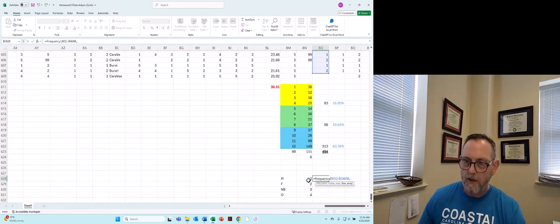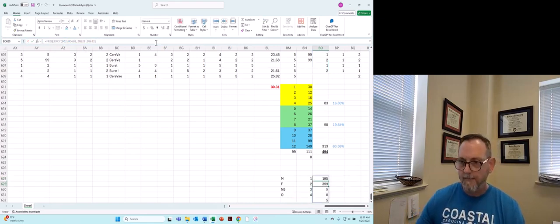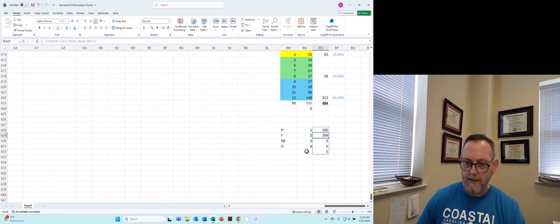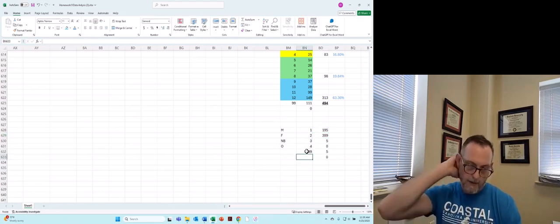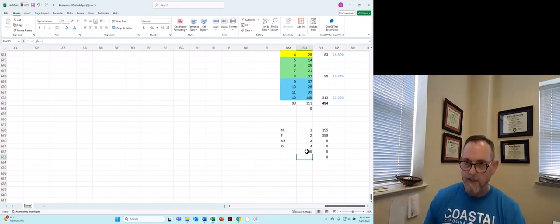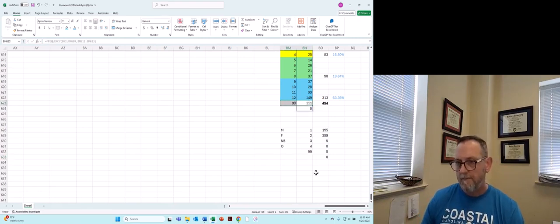And then we're going to do our bins. What we actually need to do is add a 99 in here, because that was something that was there. Remember, we did it for that there.